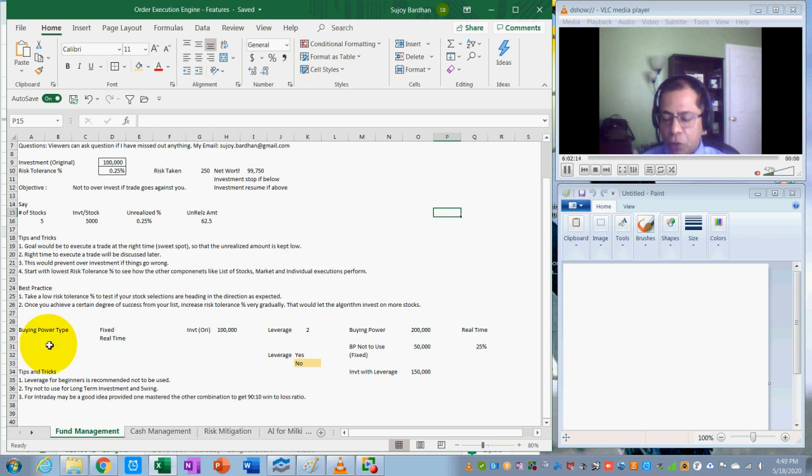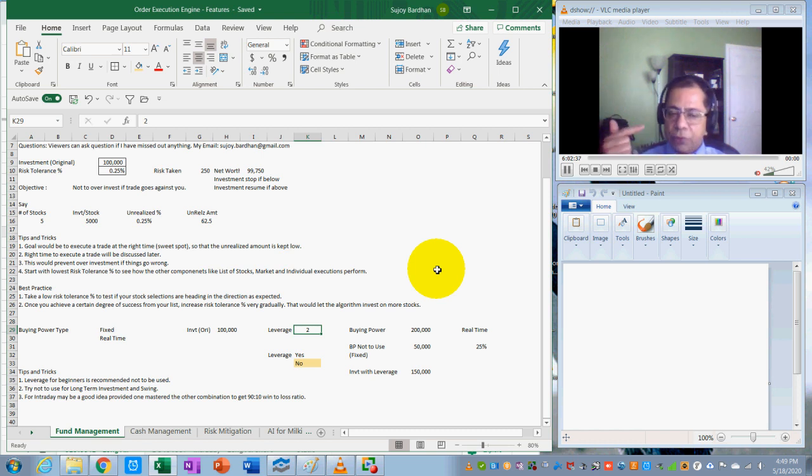Leverage, all the brokers give you leverage, but it's advisable not to use it till the time you have complete control on your stock selections, on your executions, you're way below the risk tolerance, and you're milking profits very fast.